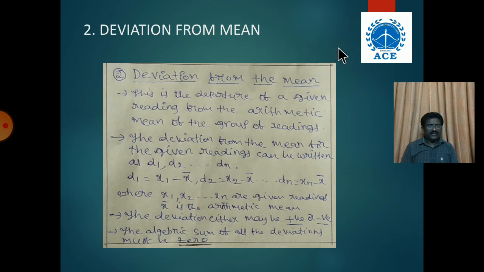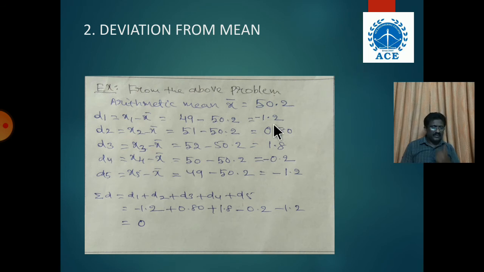Now I will take the same problem to explain deviation from the mean. The group of readings is x1 is 49, x2 51, x3 52, x4 50, x5 49.